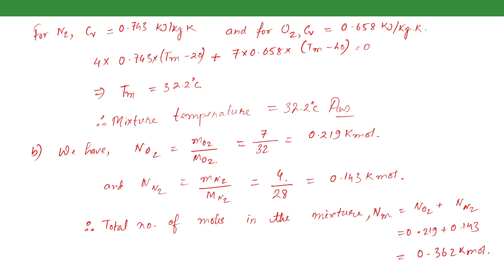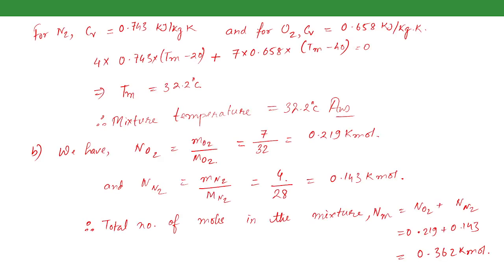Now, using the ideal gas equation, we now have the total number of moles of the mixture. The mixture temperature we have already determined to be 32.2 degrees Celsius, that is 305.2 Kelvin.